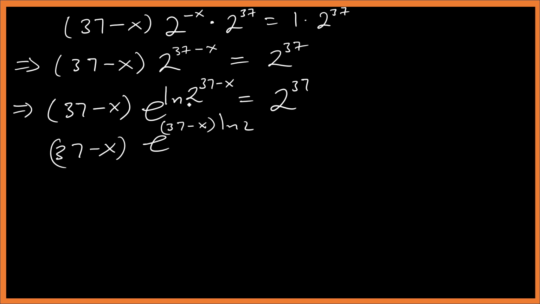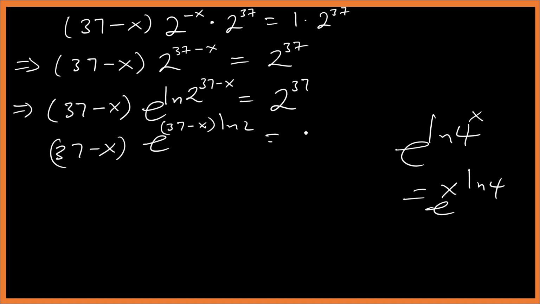So there's the ln of 2, then 37 minus x is here. It's like saying e raised to ln of 4 to the power x, which is the same as e raised to x ln of 4. So it's similar to this, equals 2 raised to 37.